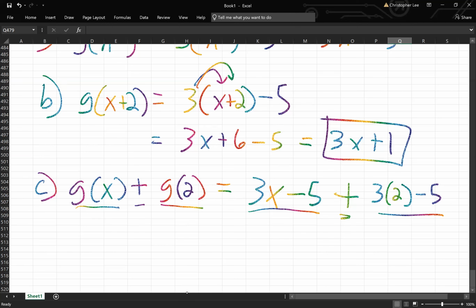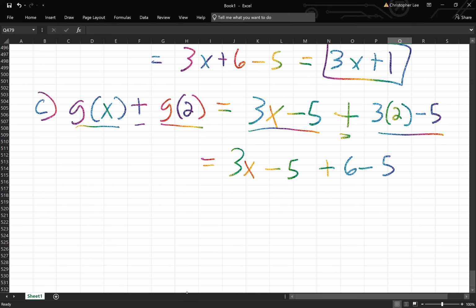Multiplication first. It's going to give me 3x minus 5 plus 6 minus 5. Combine like terms. So it's going to become what? Like the same problem twice, kind of, you combining them together. So this is going to be 3x, plus 1 minus 5.